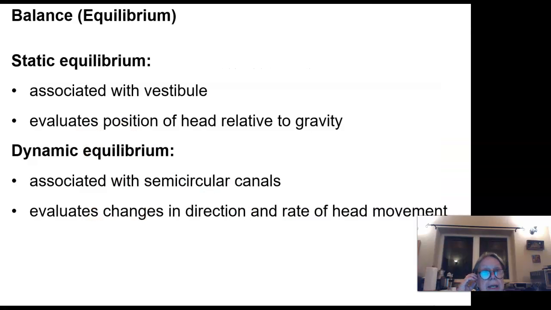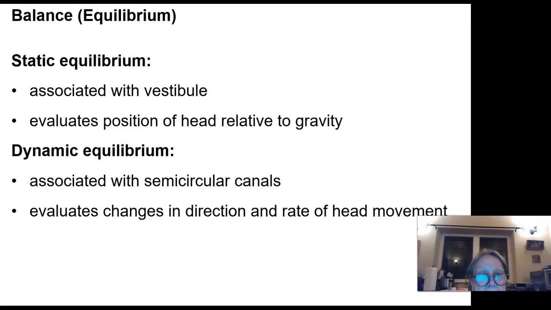Then the last part is about balance. Static equilibrium, associated with the vestibule, evaluates the position of the head relative to gravity. In other words, is my head going to the right, to the left? Am I looking up or looking down? And my dog is wanting to play.